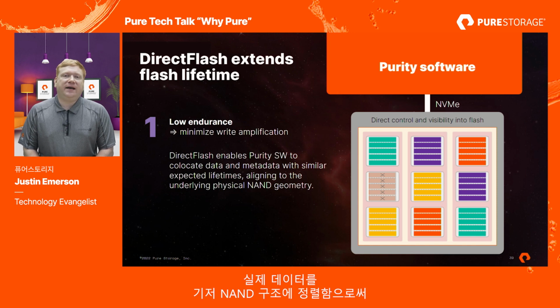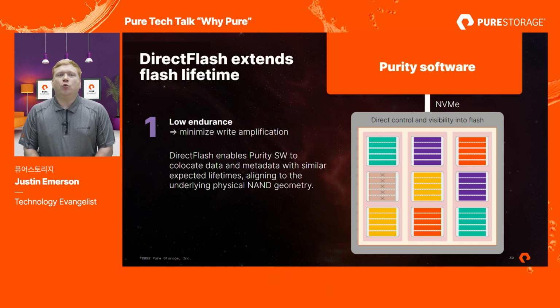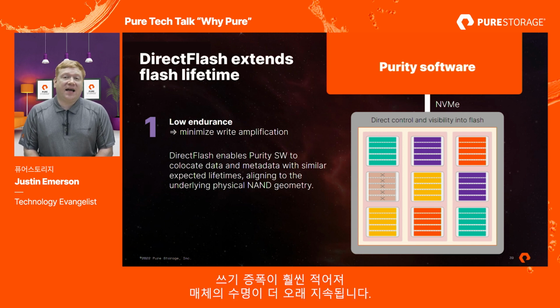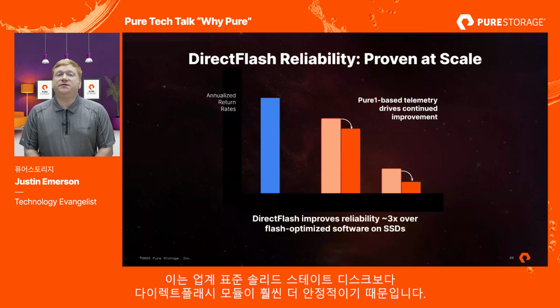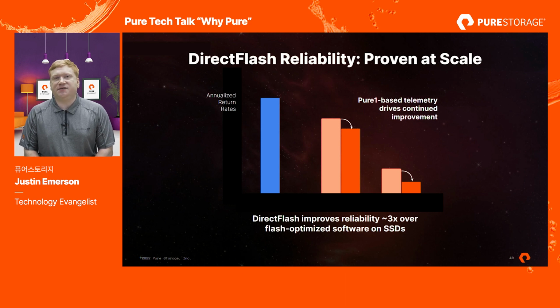So by aligning the actual data to the underlying NAND geometry, we have significantly less write amplification, which means that our media lasts longer. And this is borne out by the reliability of our direct flash modules compared to industry standard solid-state disks.